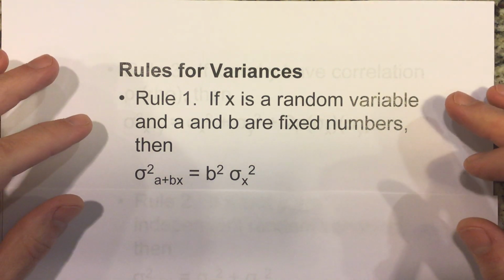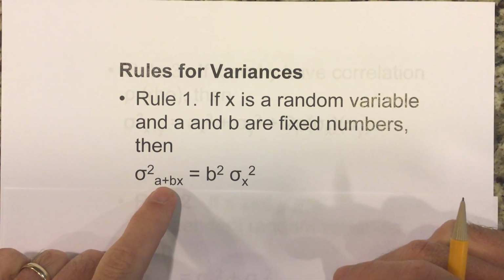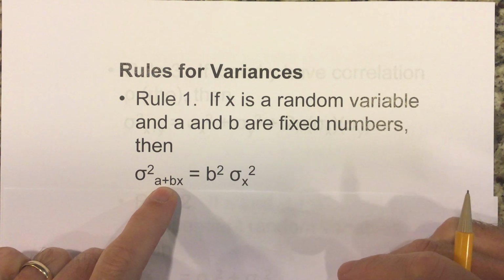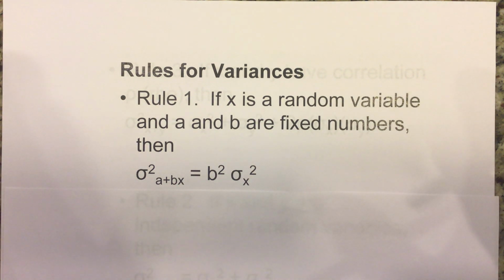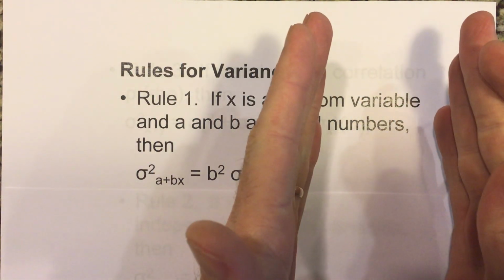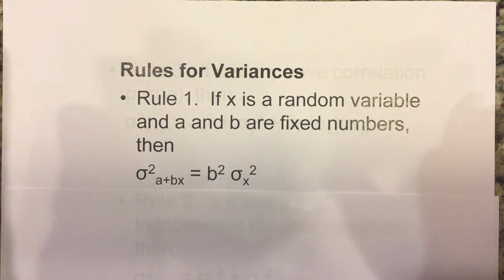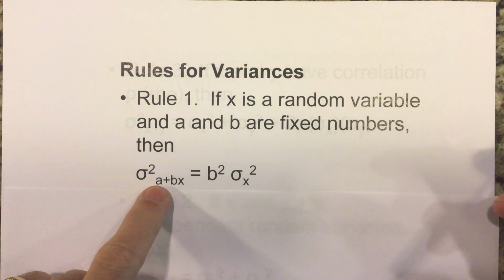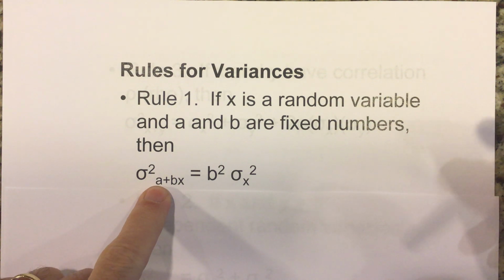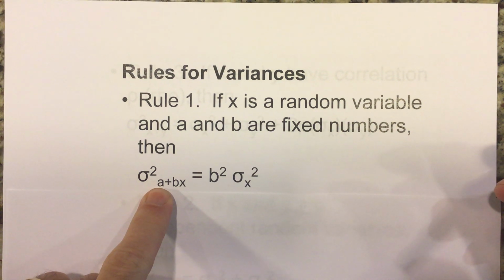What we said was, if we add something to every value in a data set, or in other words, add something to a random variable, it has no effect on measures of spread. We said it just picks the graph up and shifts it. It doesn't shrink it or stretch it, doesn't change the spread. And so adding has no effect on variance or standard deviation or any measure of spread.